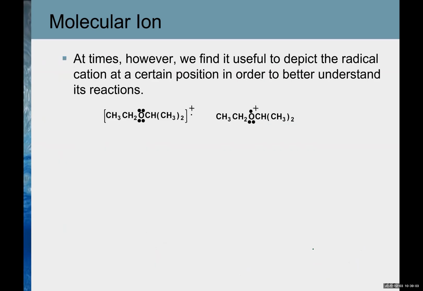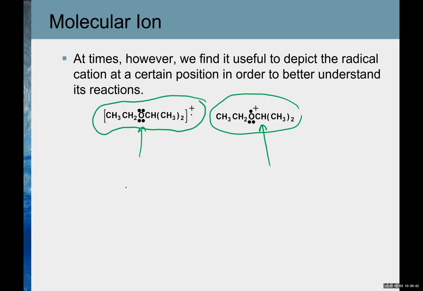For example, in the case of this ether, we know that non-bonding electrons or lone pairs are preferably removed. You can either show the molecular ion like that, in this way, you can say, I don't know where it got removed. But because we know that non-bonding electrons are preferably removed, you can also show it here, because we are almost certain that none of the sigma bonding electrons will be removed before one of these non-bonding ones. So this is the preferred way.